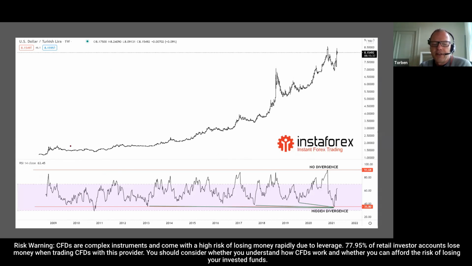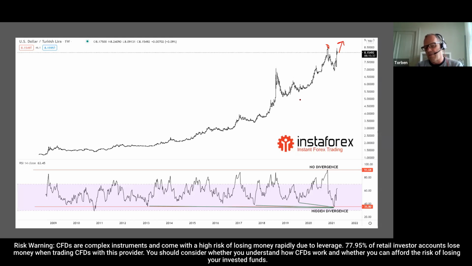And as you can see here, you have no divergence. So this peak is confirmed. We don't have any divergence yet. It might come on the next one, but we don't know that. But we have hidden divergence indicating that the next move that should break this top should be a strong move to the upside.